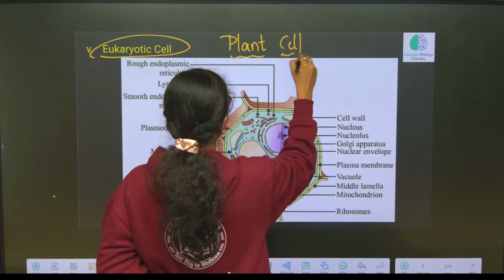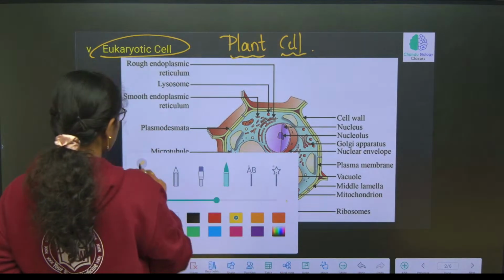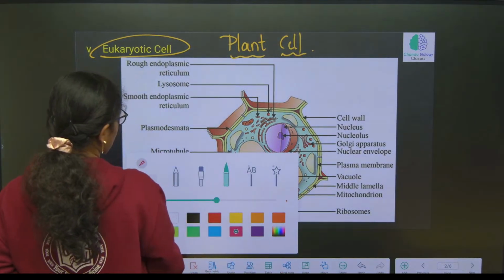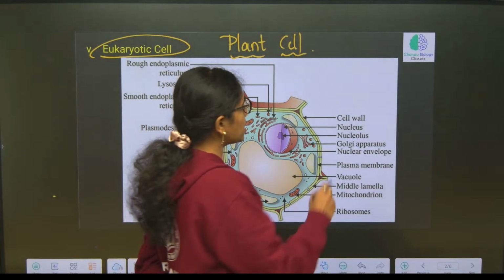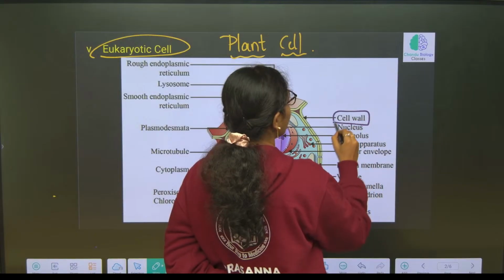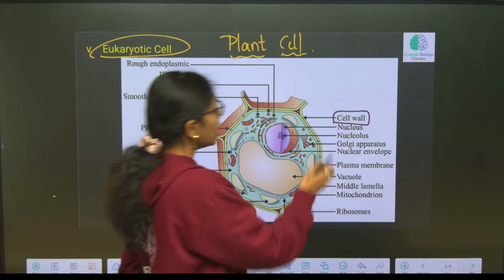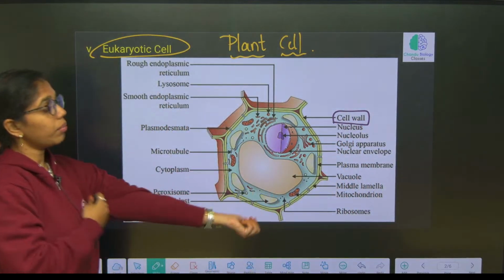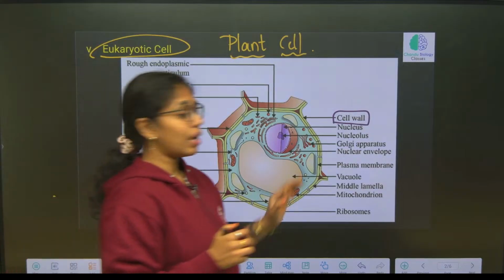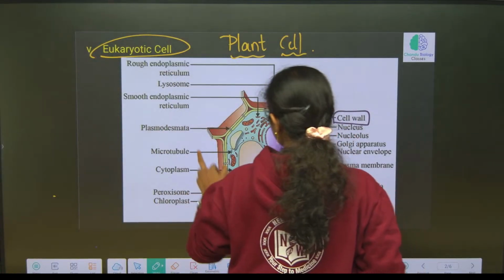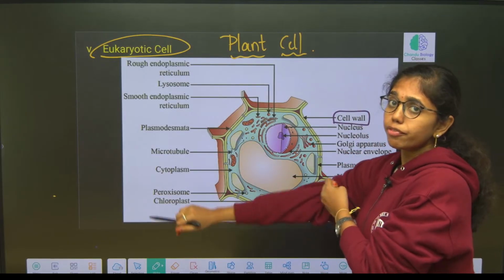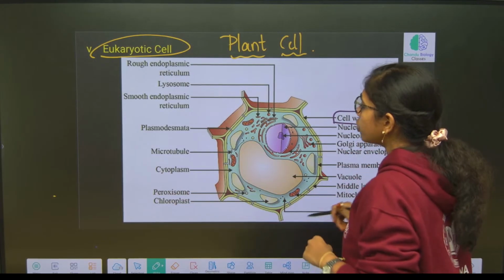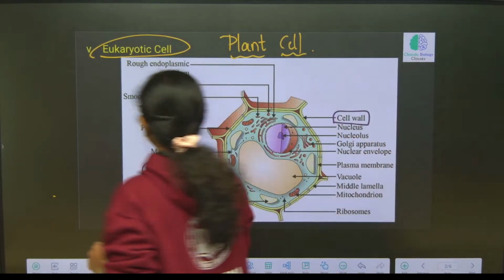So the plant cell, whose outer wall is composed of cell wall. The limiting boundary of a plant cell is what? Cell wall. Next to the cell wall we have what? Cell membrane. So the outer limiting boundary of a plant cell is the cell wall. Next to that we have what? Cell membrane. So inside the cell membrane, this complete fluid filled matrix is called cytoplasm.